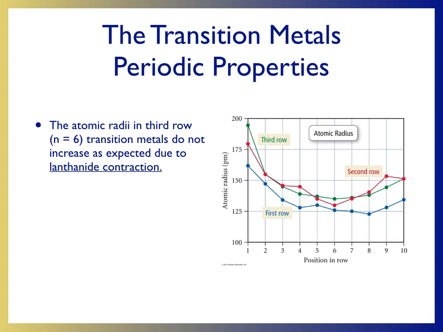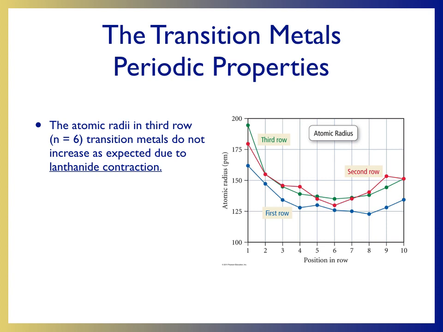We do expect this because there are more electrons being added to the atom as you move to a different row. But if you go from the second row to the third row, we see that the atomic radius generally remains about the same, when we expect it to actually increase. This is the lanthanide contraction phenomenon.